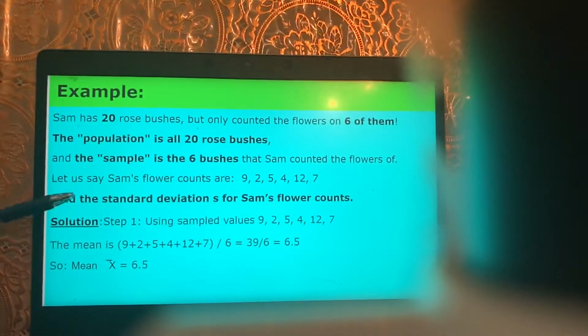There are 6 counts there. Find the standard deviation. So step 1 is using the sampled values to find the mean. Add, divide by 6, you get 6.5. Usually we use x bar for the mean of data, x bar.